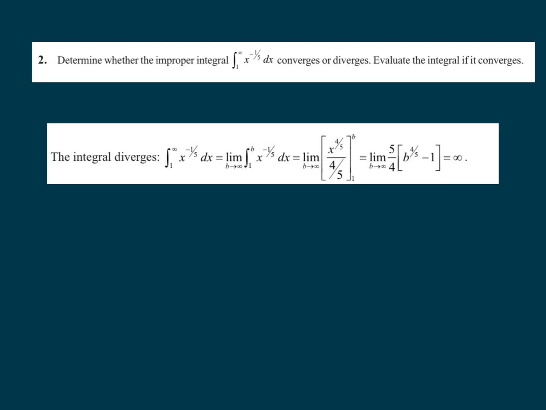Now the 4/5 will appear like 5/4. Evaluated at v it will be v^(4/5), minus evaluated at 1, which is 1 raised to the 4/5, that is 1.